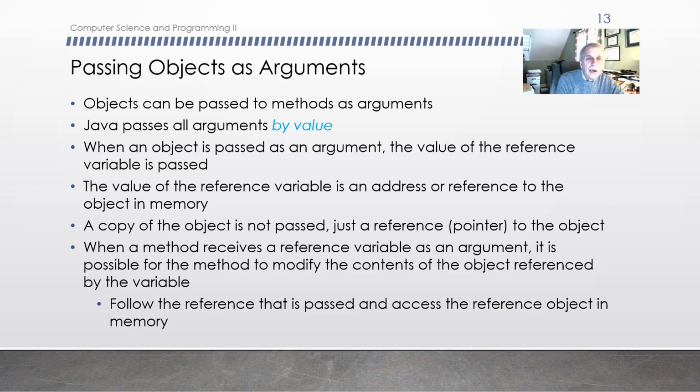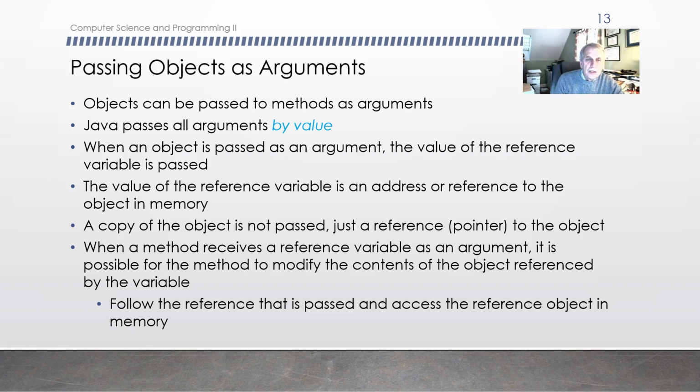And when I pass an object as an argument, I'm actually using the name of the reference variable and copying its value into something local, just as we saw n and x in the previous example. I'm copying it into something local within that subroutine. Then that subroutine has the exact same value. And what is the value?